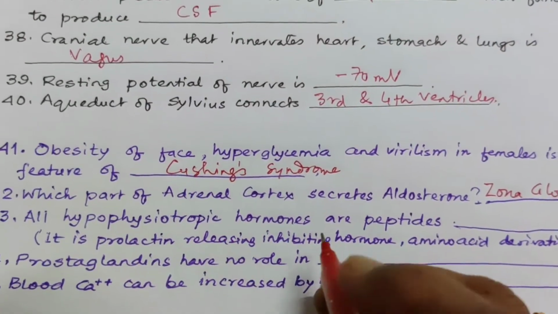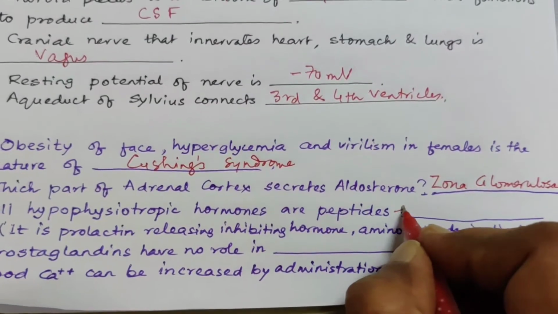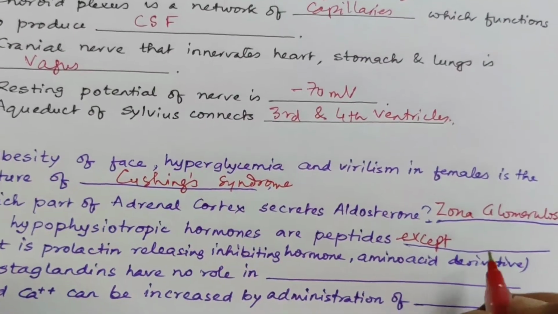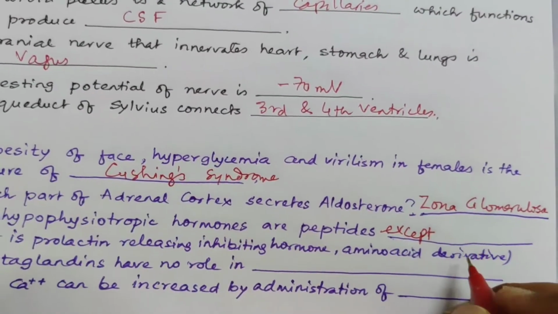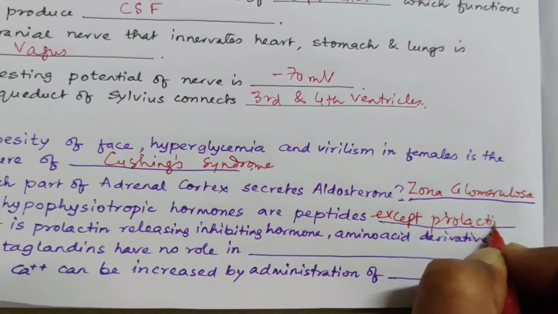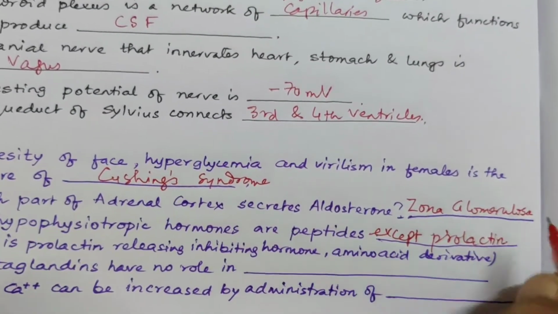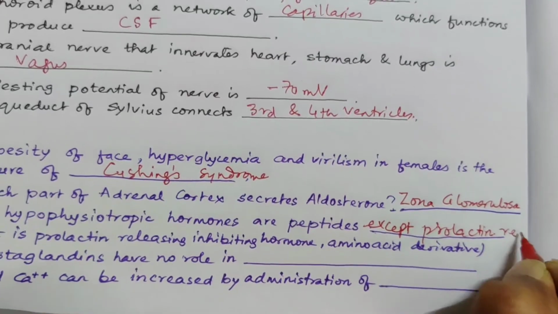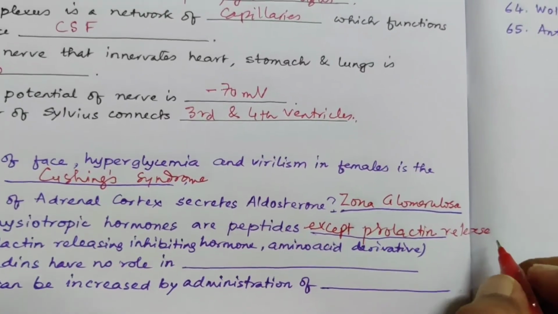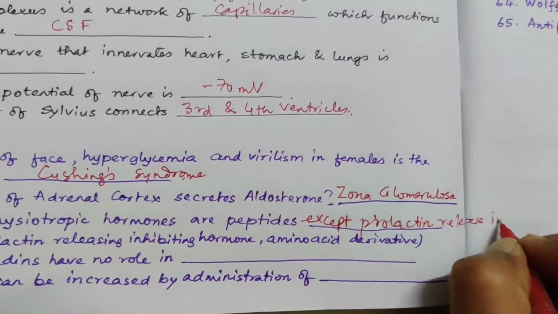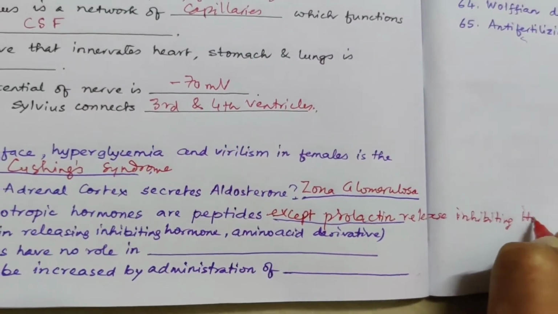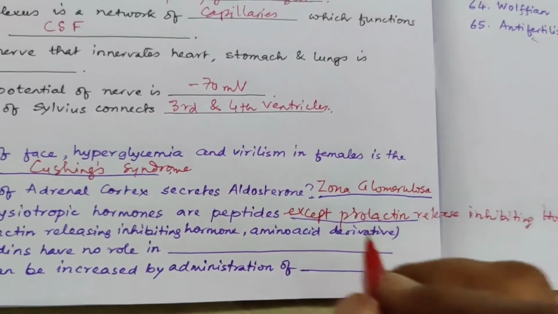All hypophysiotrophic hormones are peptides except prolactin release inhibiting hormone. This is also called dopamine.